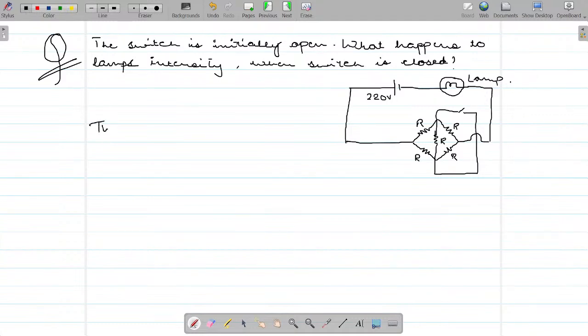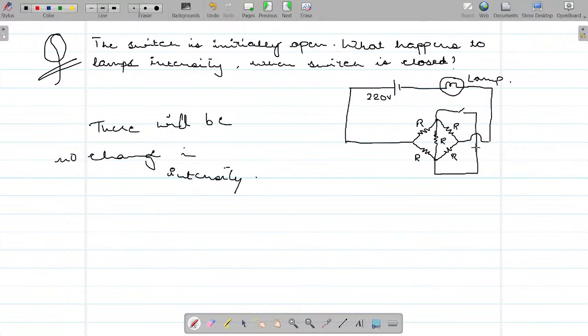There will be no change in the intensity. Why? As it is, when the switch was open, there was no current flowing in this loop. Even when you close the loop, this is okay.